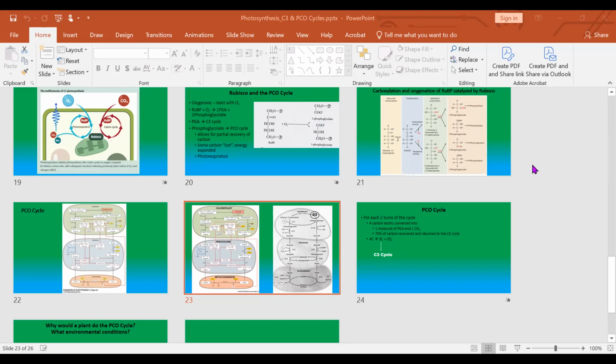Instead, it's that pepcase enzyme, which is way more efficient in the sense that it only cares about carbon dioxide and won't bond at all with oxygen. So that pepcase enzyme is the one waiting to greet CO2 as it comes in from the stomata.